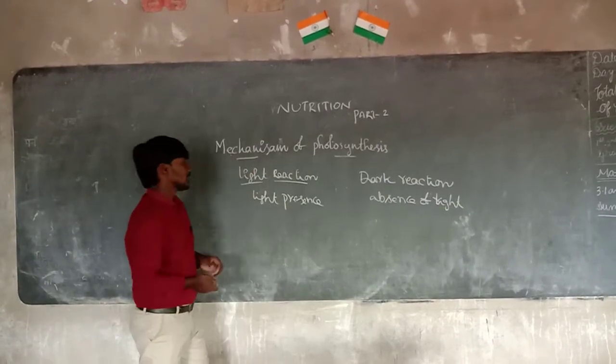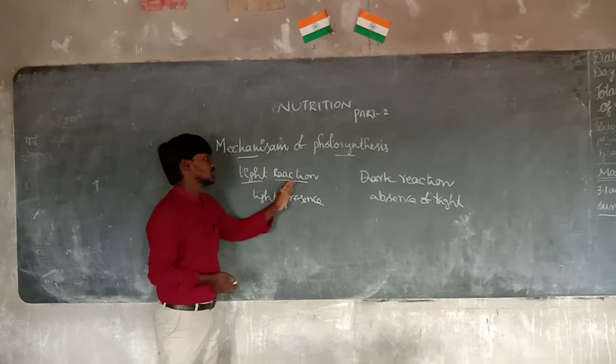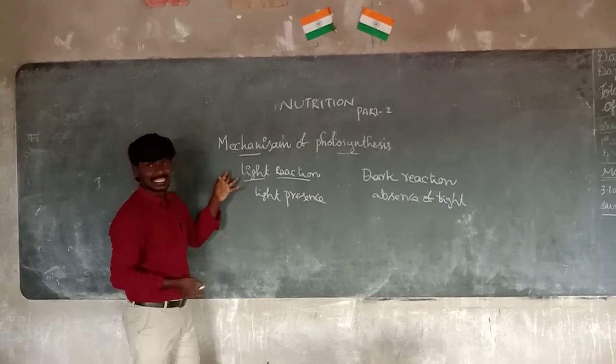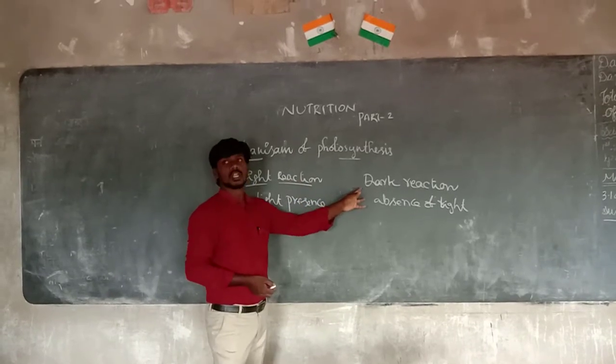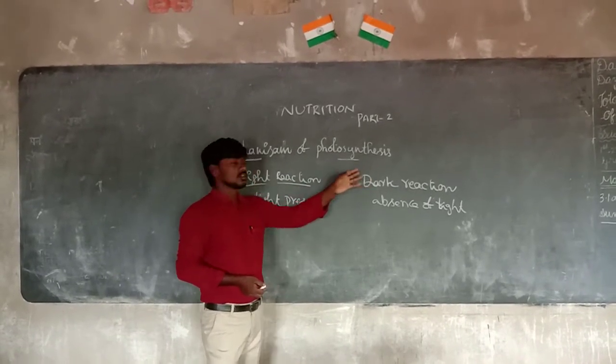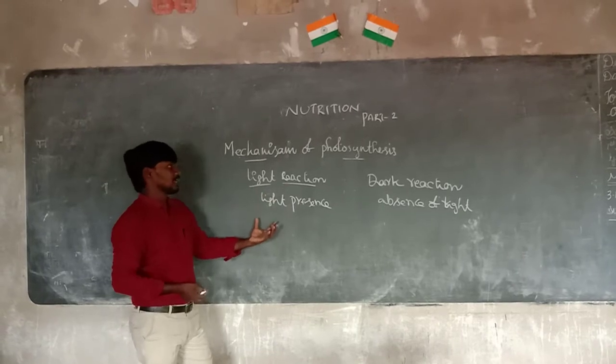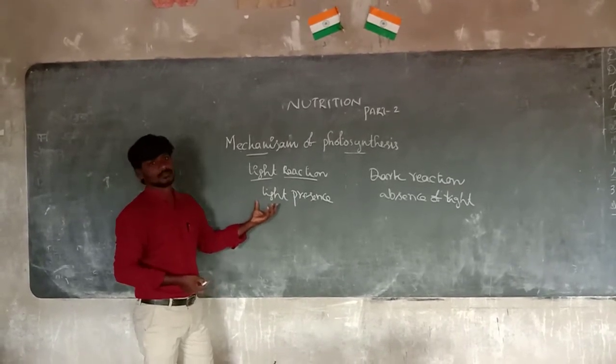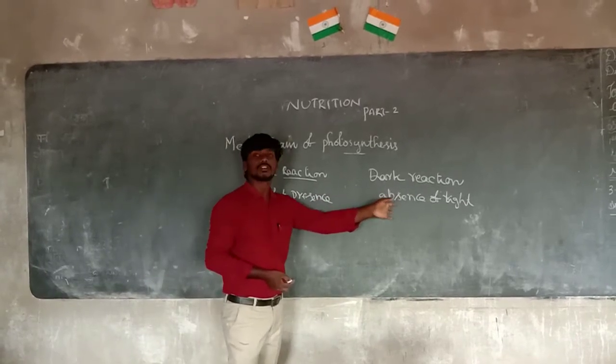Okay, so that is the main difference between light reaction and dark reaction. The light reaction is called the dependent reaction and the dark reaction is called the independent reaction. The light reaction mainly needs the presence of light, which light? Sunlight.